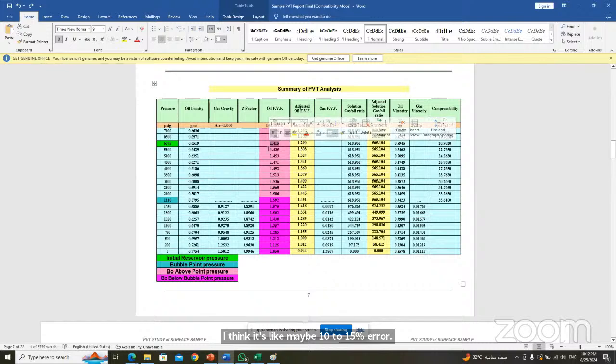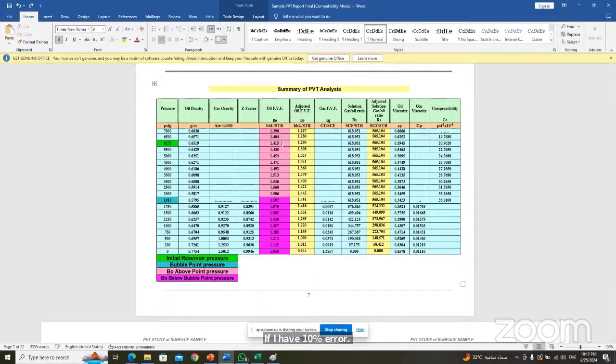Anyway, if you have a 10% error and 100 million barrels, you would have 90 million barrels in place just by selecting the wrong value of Bo. So this is very important to consider.